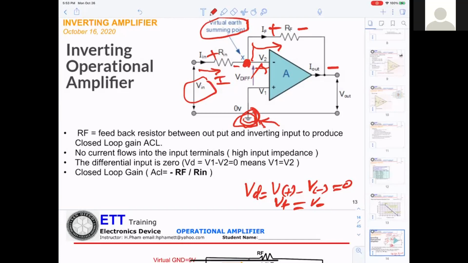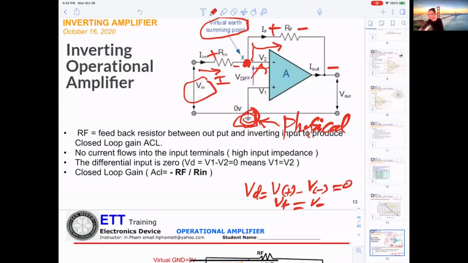This is ground, yes. They call it a physical ground. What does physical ground mean? It physically connects to the ground. Exactly. Physical ground means you need a wire to connect to the ground. The other one, you don't need any wire connected to ground, but it still acts as ground. That's why they call it a virtual ground.